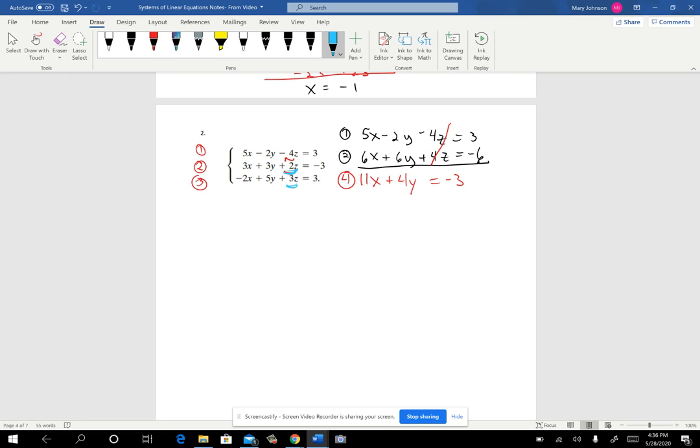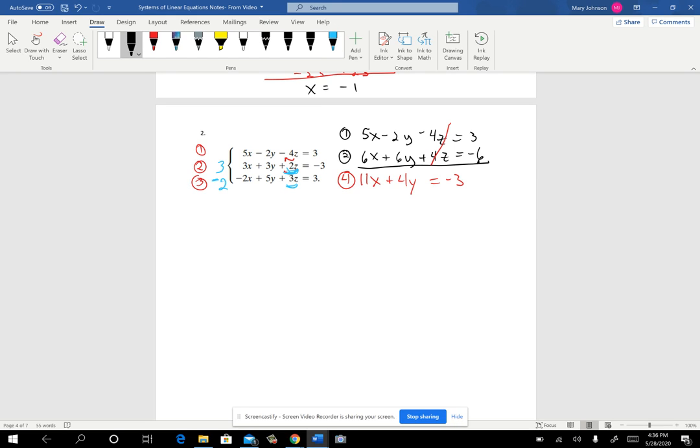So I'm looking at trying to create the same number, just opposites in front of the z. So if I multiply by 3 on equation 2 and 2 on equation 3, I'd get a +6 and a +6. I need one of them negative. Okay, so if I did a negative on the 2, that would make it happen. All right, so let's see what I get there.